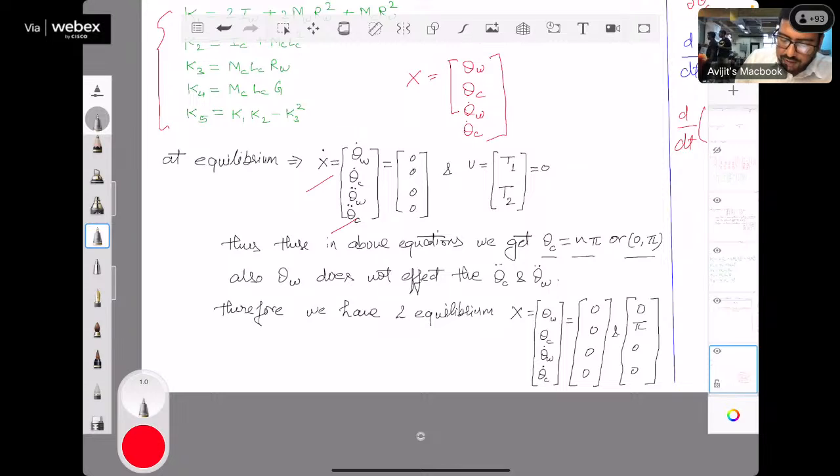So if this is x, then what is x dot? It will be theta w dot, theta c dot, theta w double dot, theta c double dot. And this is going to be 0 at equilibrium. That means at equilibrium, we'll have theta w dot equal to 0, theta c dot equal to 0, theta w double dot equal to 0.